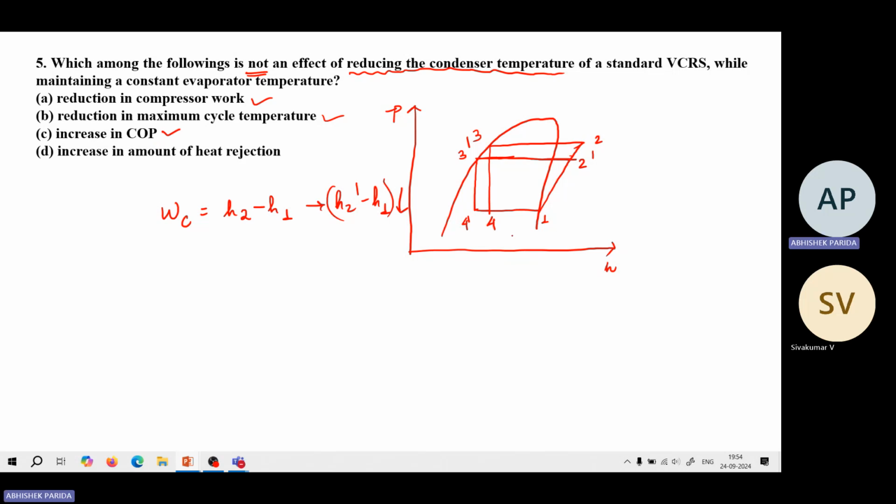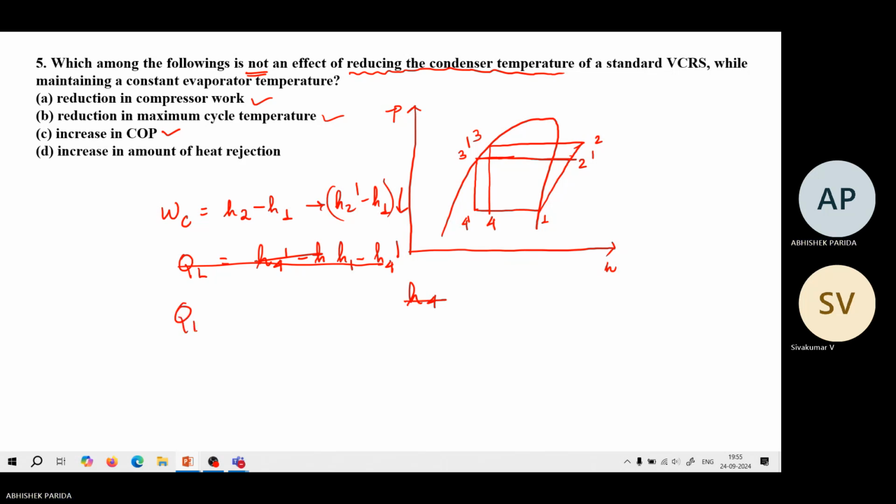Now let's find out whether there is an increase in COP or not. If you find out the pressure, you will find out the cooling effect. Cooling effect is H1 minus H4 dash. Sorry, I just confused you.